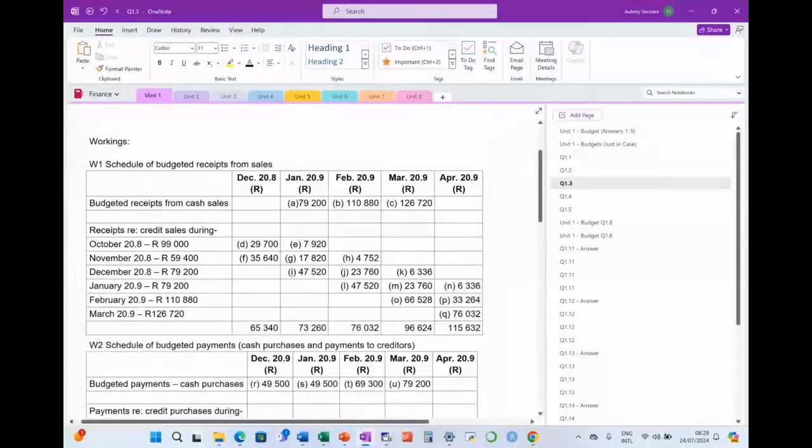Because we are obviously working the budgeted receipt schedules. You guys are 100% correct. I'm just saying it in a different way. And so obviously we know that there will be income that we are going to receive from debtors who need to give us some money in relation to credit sales that took place in October, November, and December.